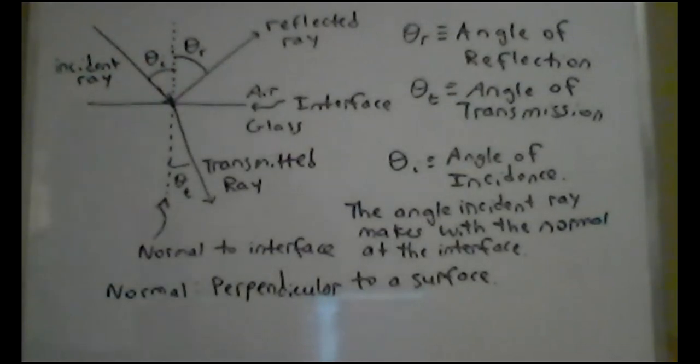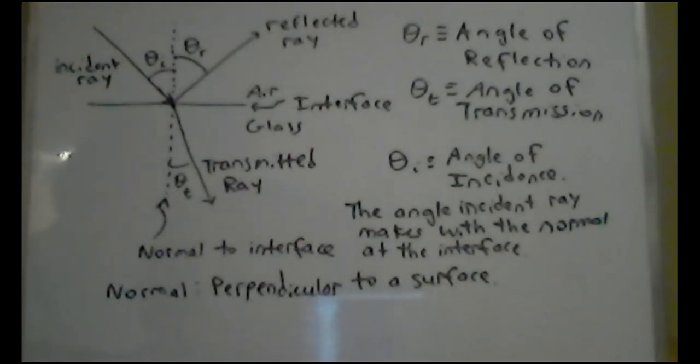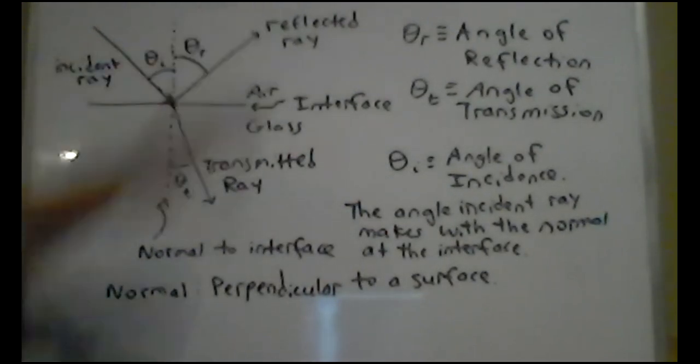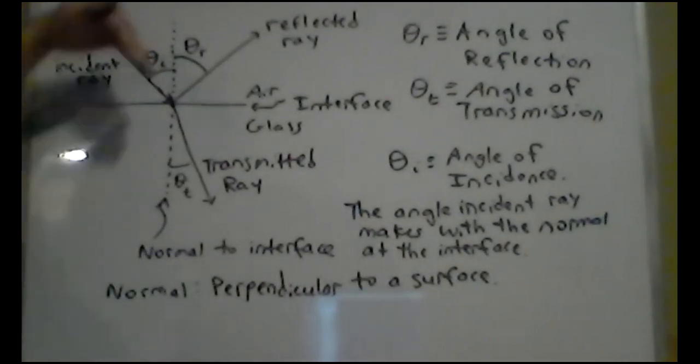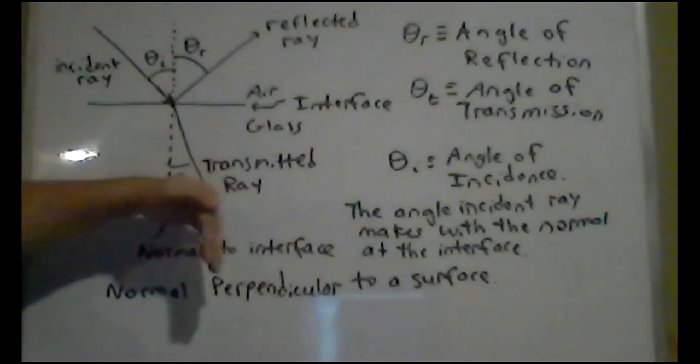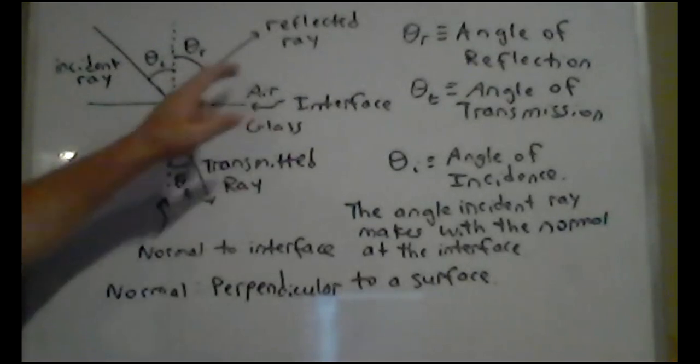Now, this particular ray of light is coming in at an angle of incidence, theta sub I. It could reflect at an angle of reflection, theta sub R, or it can transmit at an angle of transmission, theta sub T. This is what occurs at an interface. Interface 1, interface 2.